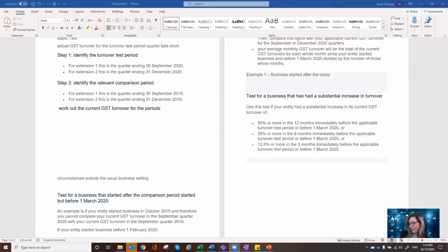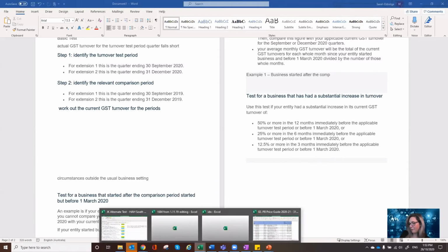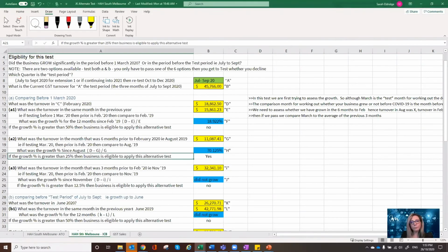So you're going to do within the next 12 months. You're going to check different periods. We're going to look at a 12-month period, a 6-month period, and a 3-month period as well. And then you'd be able to figure out whether you even qualify.